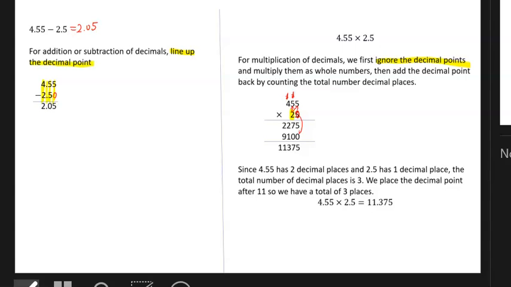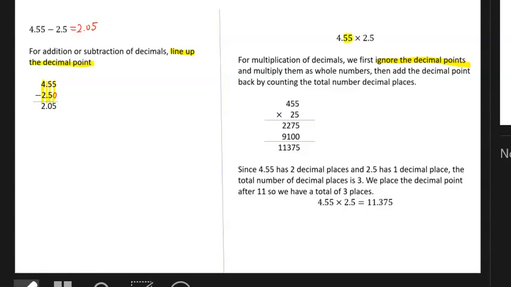After we multiply the ones digit and the tens digit with 455, we're going to add them. So we got 5, 7, 3, and 11. Now this is the answer for 455 times 25. In order to get the answer to the original problem with the decimals, we're going to put the decimal point back.